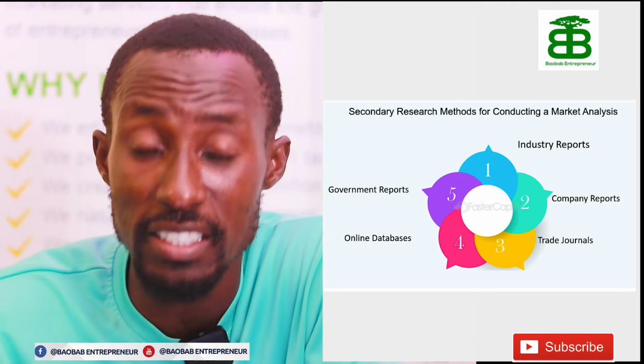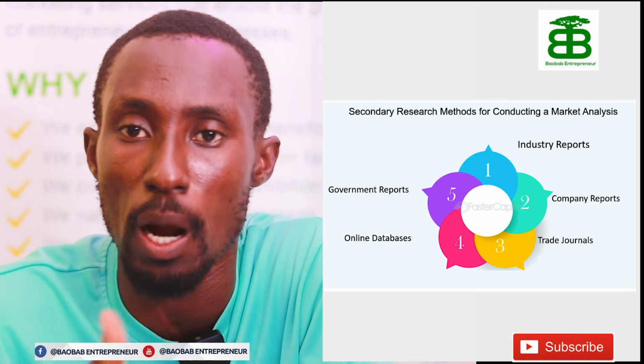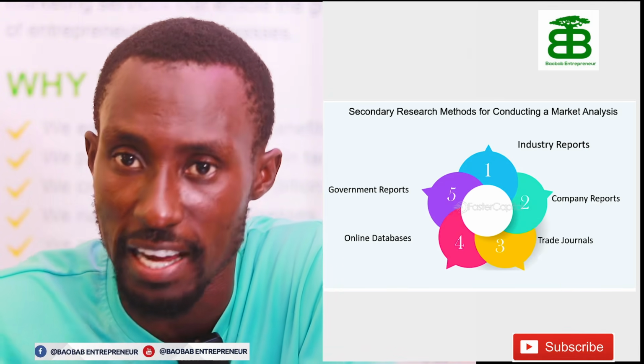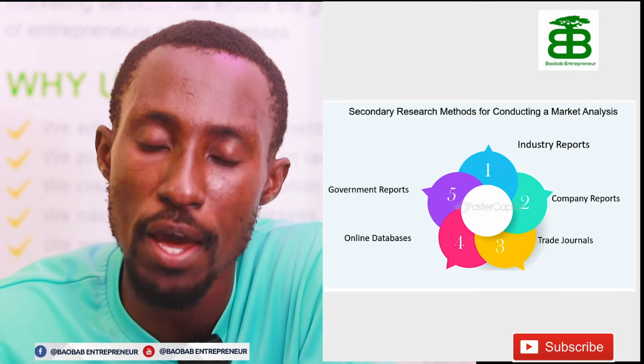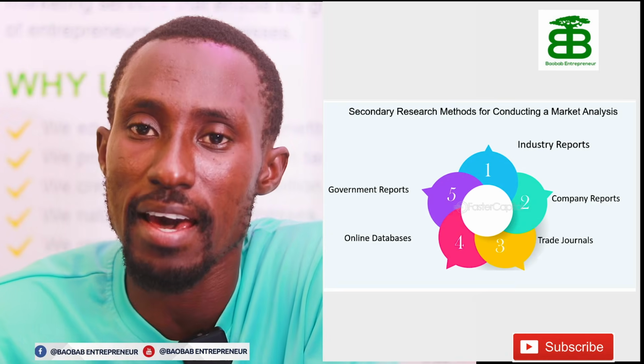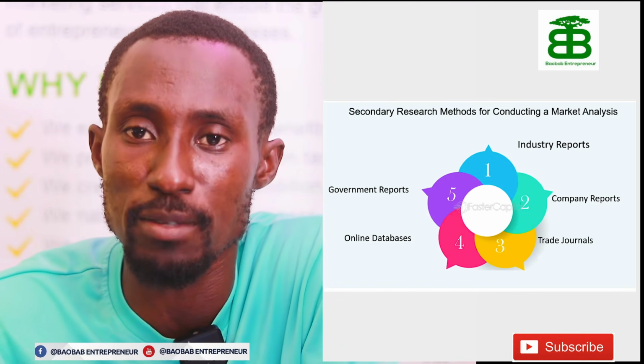Now let's go to secondary research. The secondary research: 1, using government data. At the end of the year, government publishes data about some particular product or service. You can pick that to help you do your market research. And then industry reports. You see telcos, let's say MTN, Vodafone.